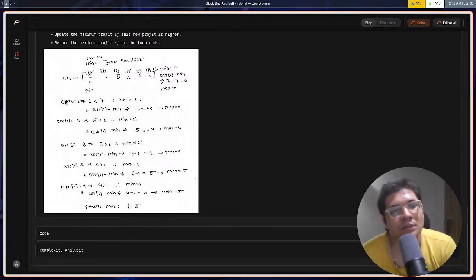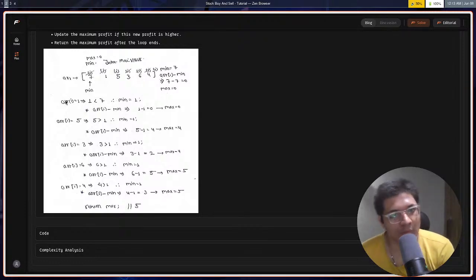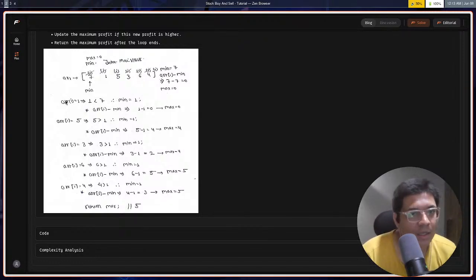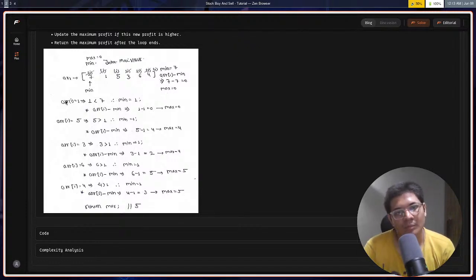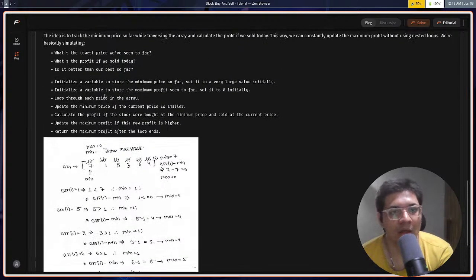Array of i is equal to 1, and 1 is smaller than 7, minimum will be 1. Array of i minus minimum is equal to 1 minus 1 is equal to 0. Wait a second. Initialize minimum price, maximum profit so far, initially to 0.